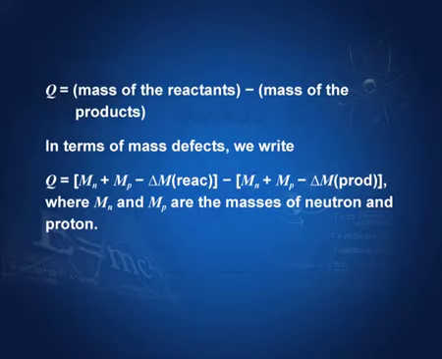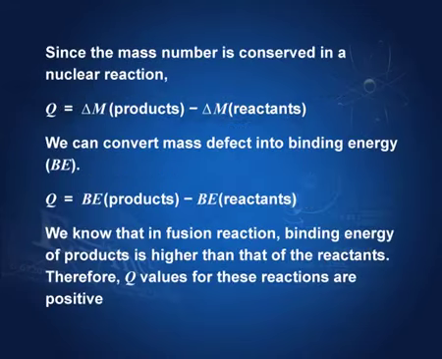So, we can write the Q value equal to the mass of the nucleons minus the mass defect, and here also the mass of all the nucleons, neutrons and protons, minus the mass defect, and these two, being equal, cancel.